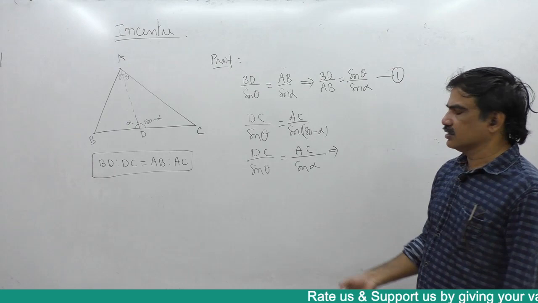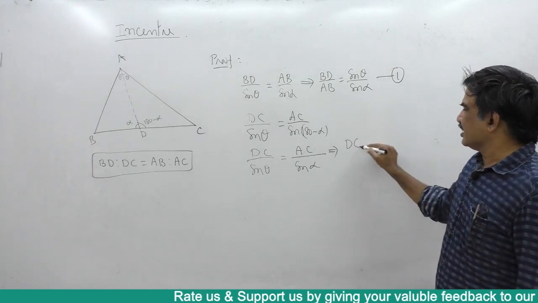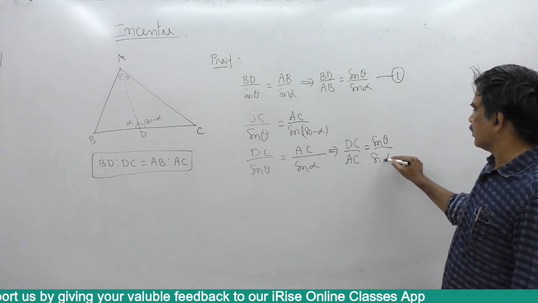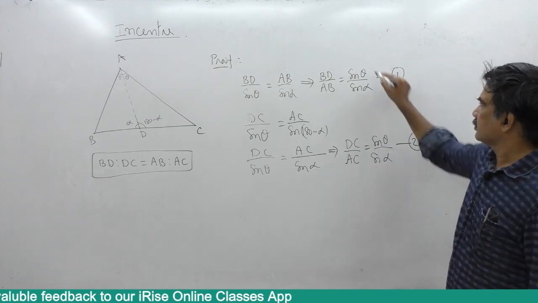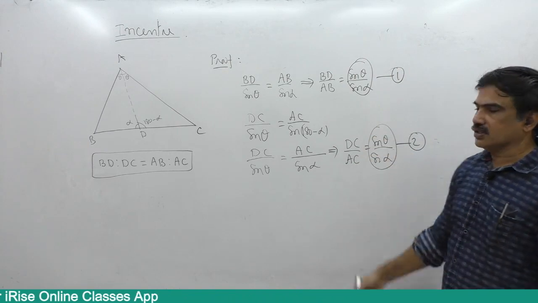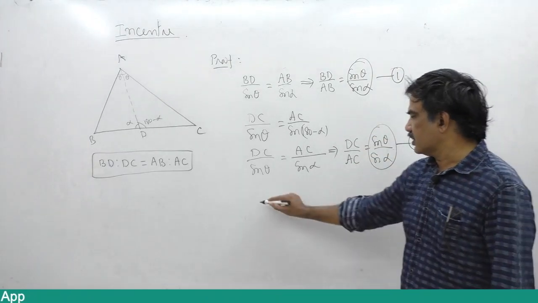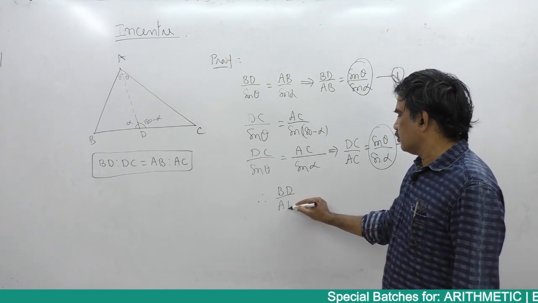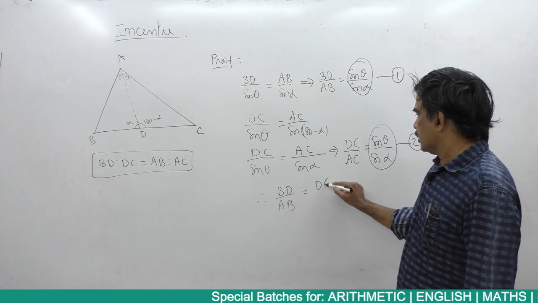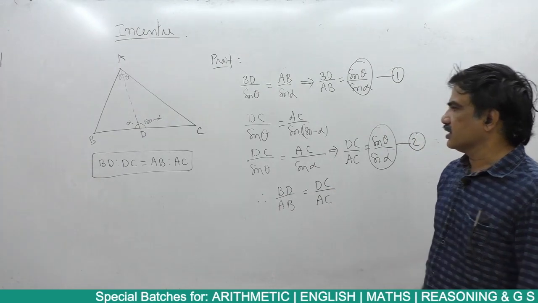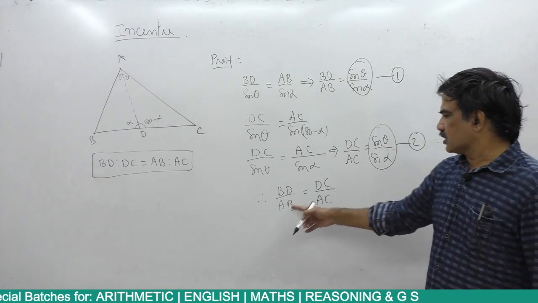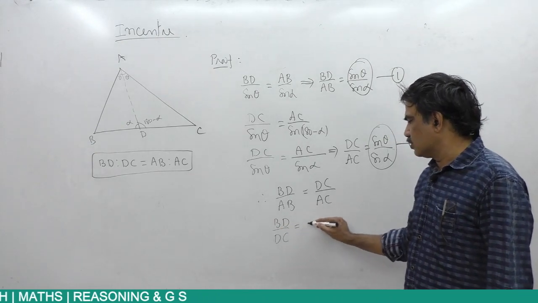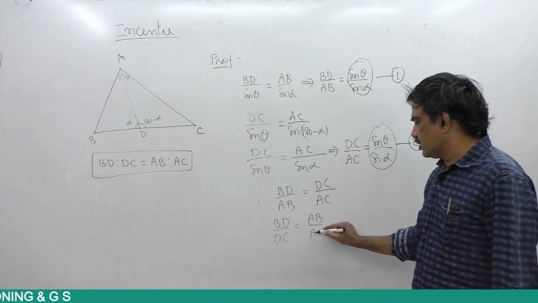This implies DC by AC is equal to sine theta by sine alpha. This is sine theta by sine alpha, and this is also sine theta by sine alpha. Therefore, BD by AB is equal to DC by AC. So just cross multiply. BD by DC is equal to AB by AC.